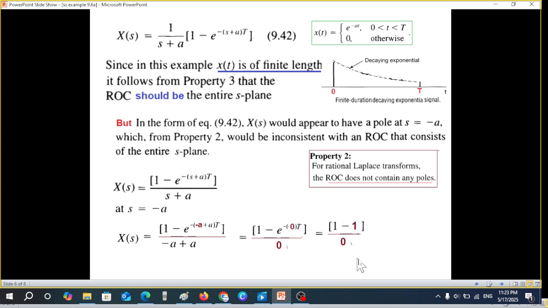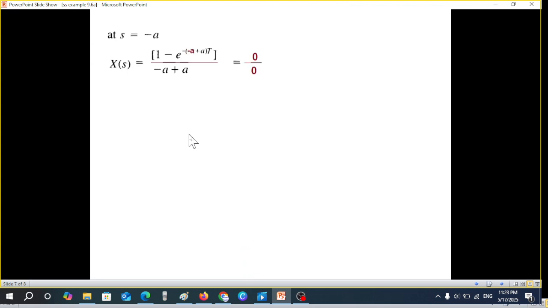It is 1 minus 1, and the denominator is also 0, so 0 over 0, which is an indeterminate case. So first of all, we could not find a pole. There is no pole, but this is a unique situation. It has become indeterminate. So what do we do?